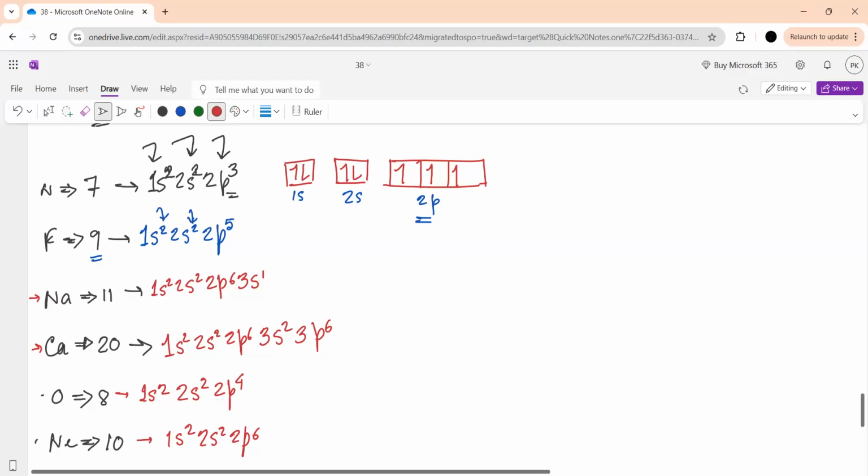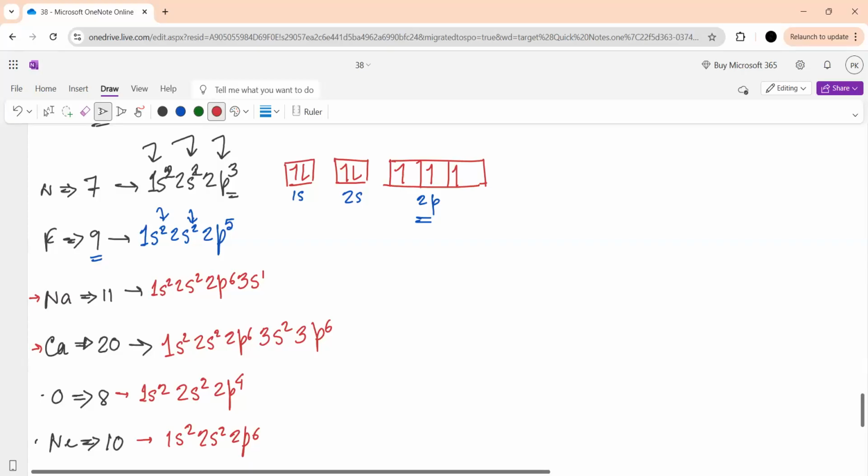No, what comes after 3p? 3d doesn't come after 3p. Remember the thing we draw? You have taken the notes?